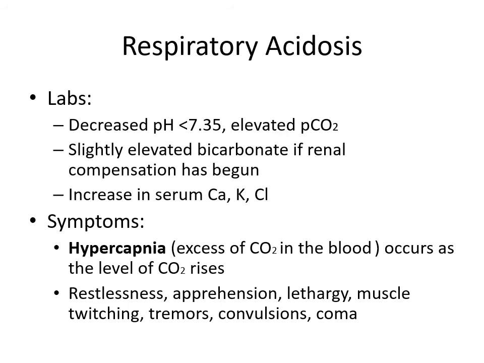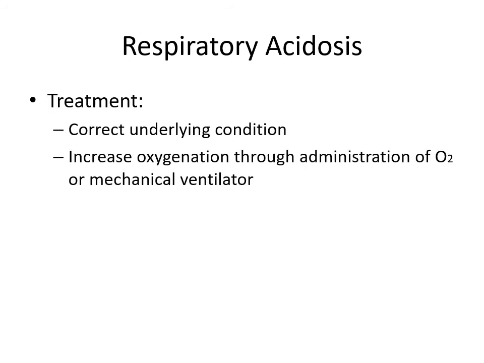Symptoms include hypercapnia, which is an excessive amount of CO2 in the blood, as the levels of CO2 rise, along with restlessness, apprehension, lethargy, muscle twitching, tremors, convulsions, and coma. The treatment requires correction of the underlying condition and increasing oxygenation through the administration of O2 or mechanical ventilation.